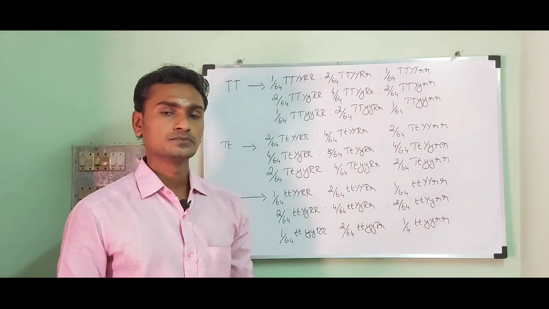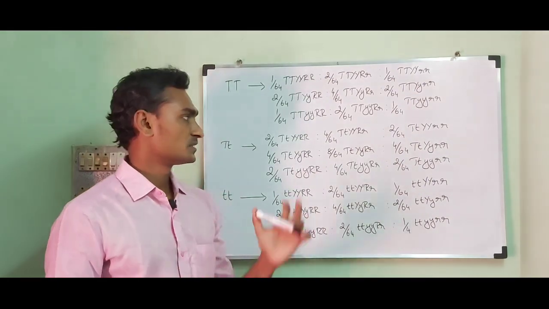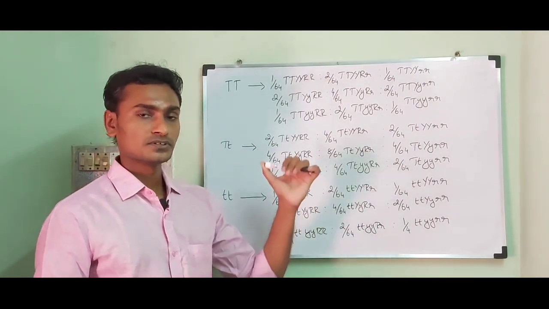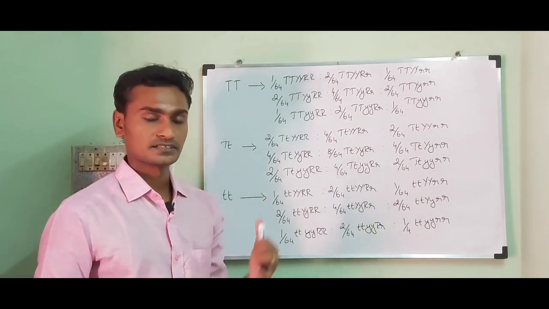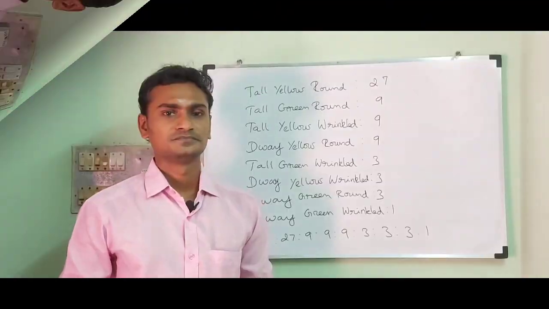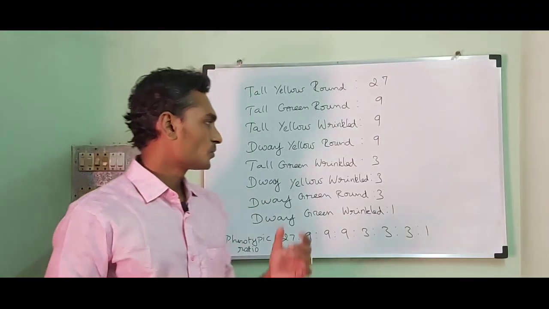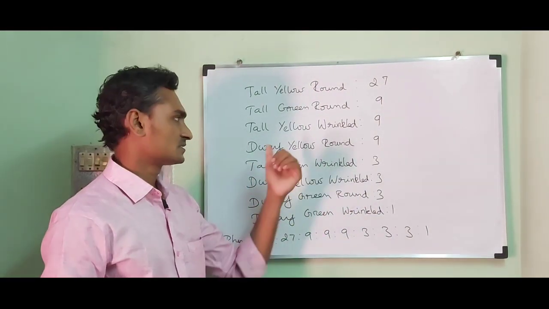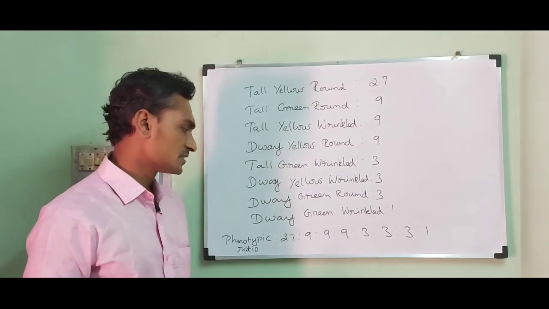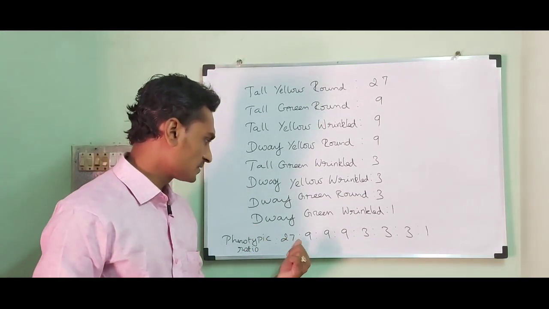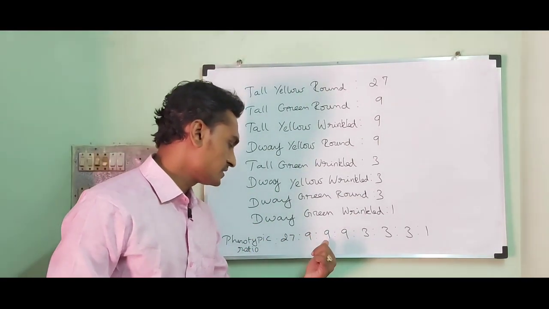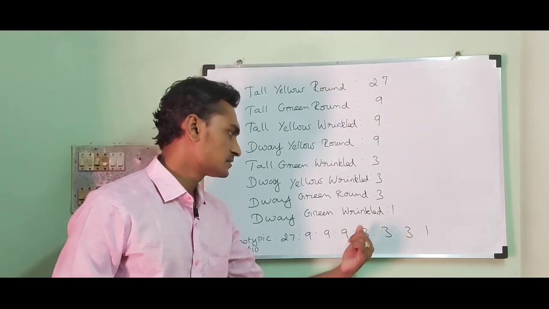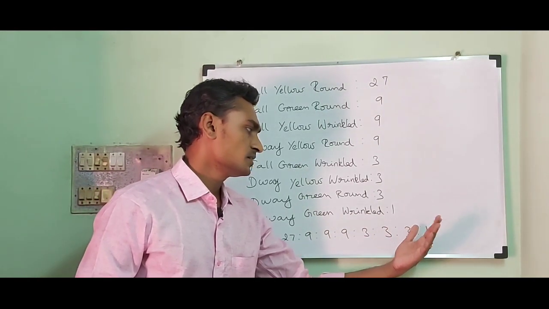Now I am going to write the phenotypic ratio of this trihybrid cross. So you can see here the phenotypic ratio of the trihybrid cross. The ratio is 27:9:9:9:3:3:3:1.